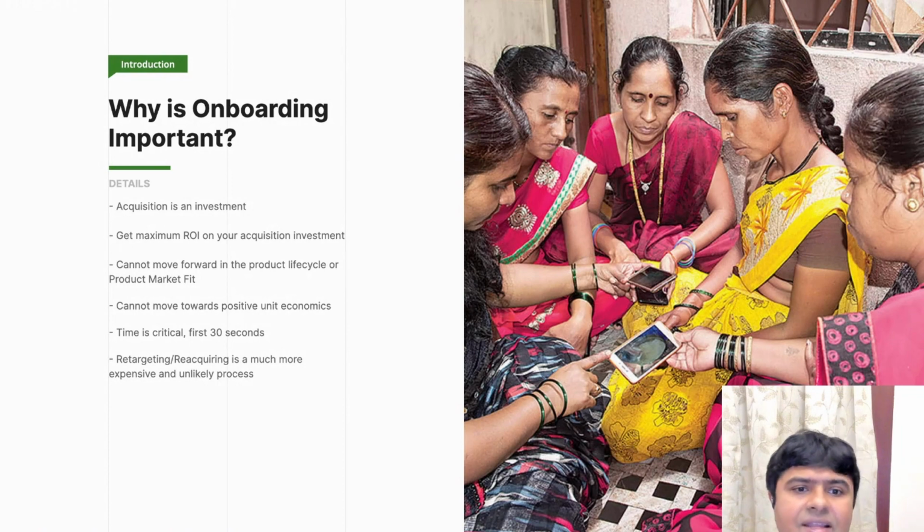Retargeting and reacquiring them is very difficult. People can call them and say, why don't you install this app again? Why did you uninstall? That's possible, but very unlikely and very expensive, because you have to make that effort and call that person. So it's important to get onboarding right first. You can save money, it's good for you, and it's the beginning of the entire product's life cycle. So it's important that you get this right the first time.